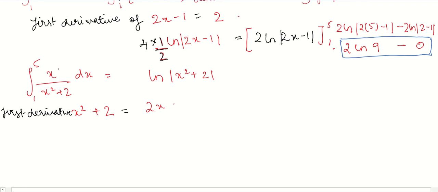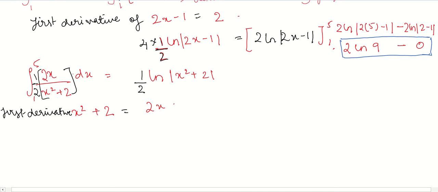So we're going to multiply this with 2, and if we're multiplying with 2, we'll have to divide by 2 as well. Dividing by 2 is also equivalent to multiplying with 1 by 2, so that's the reason why we write here 1 by 2 ln of x squared plus 2.